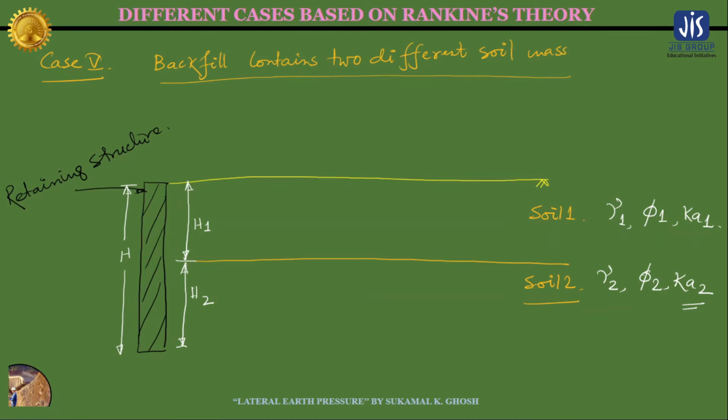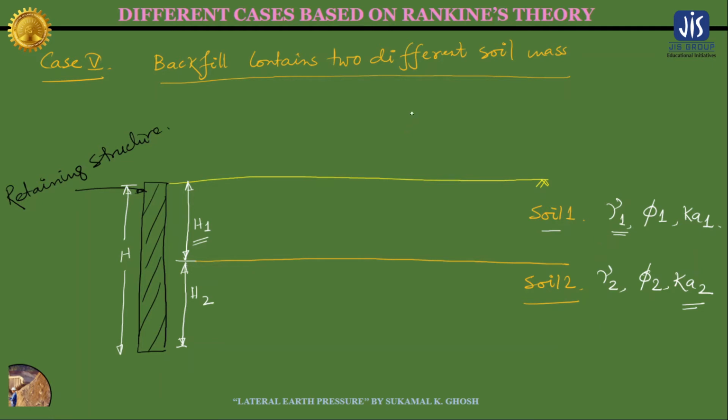So now let us consider soil 1, or the first layer of soil. You can see here the depth of this first layer is h1 and the unit weight is gamma 1.